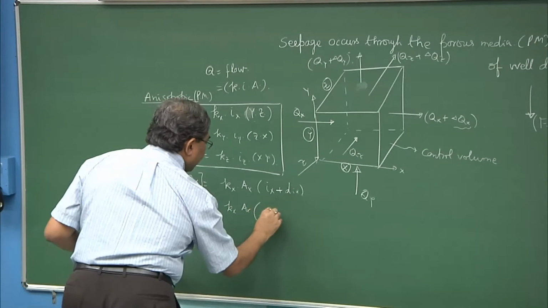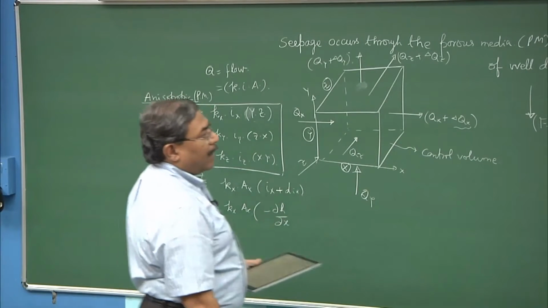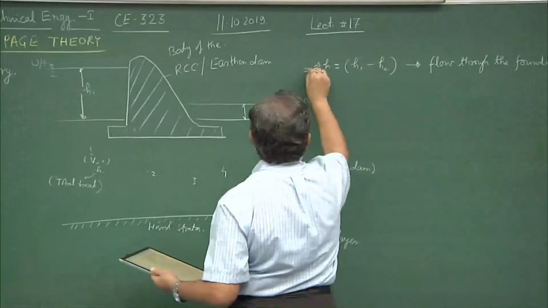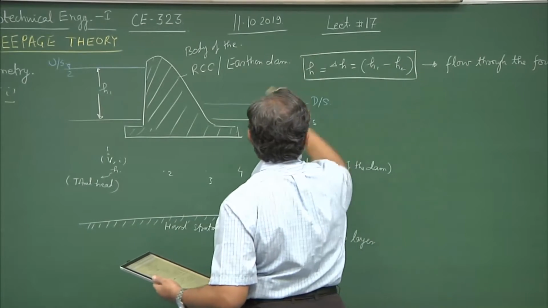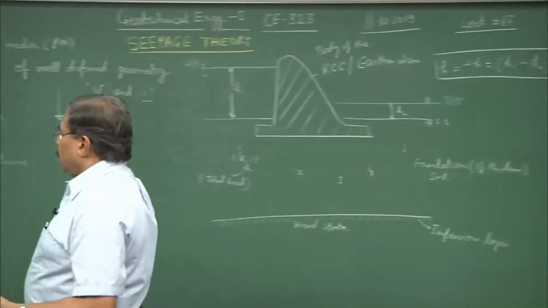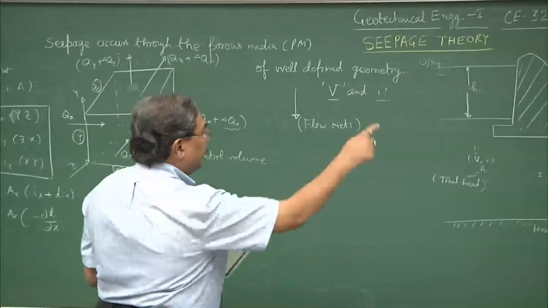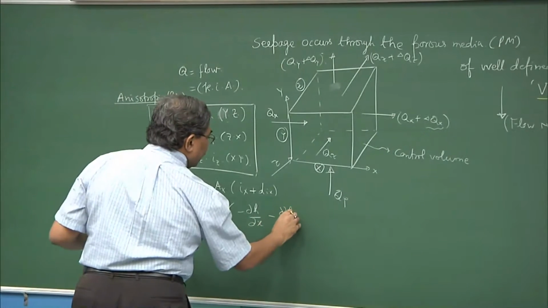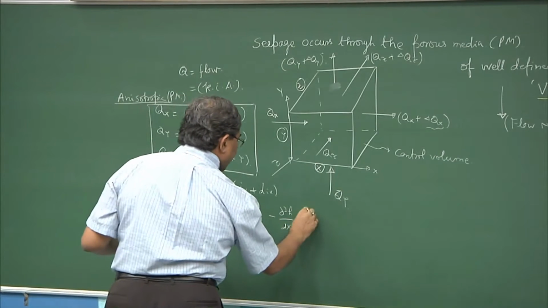What is i x? Minus del h upon del x, where del h is considered to be equal to h. So, if I consider this as h, the hydraulic gradient is del h upon del x minus del square h upon del x square into dx.